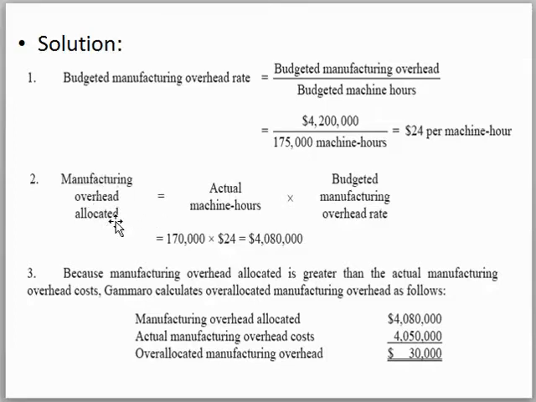So overhead allocated equals 170,000, which is the actual base machine hours, multiplied by the budgeted rate we got from the first one, 24. We will get the overhead allocated 4,080,000.